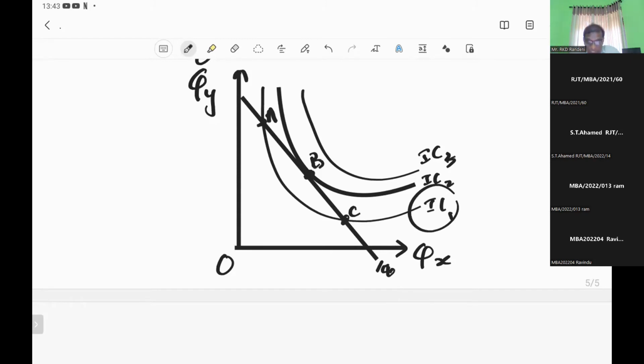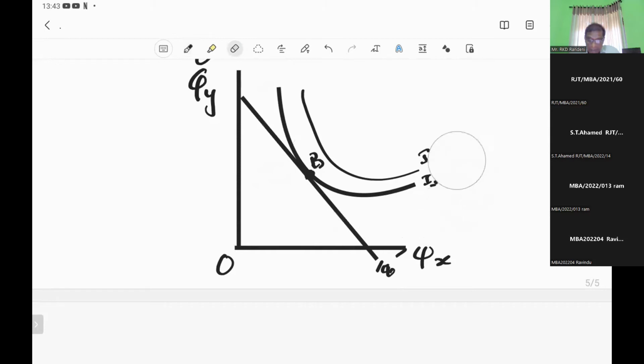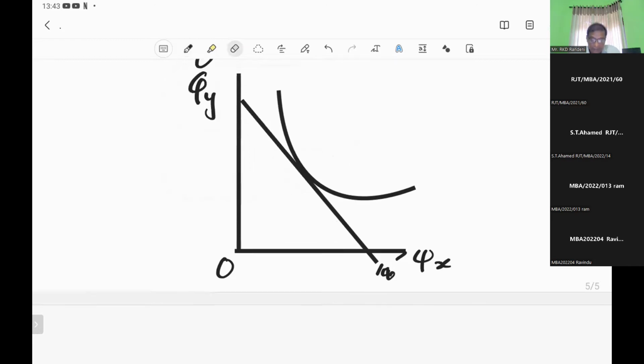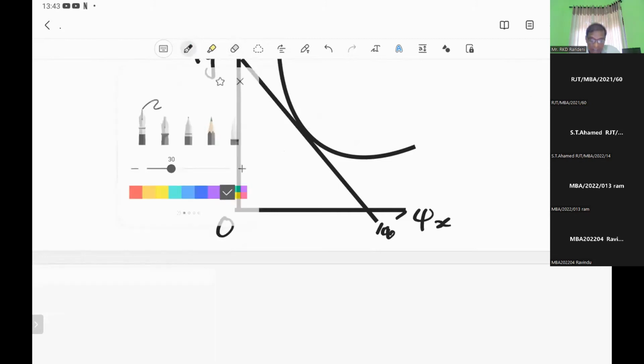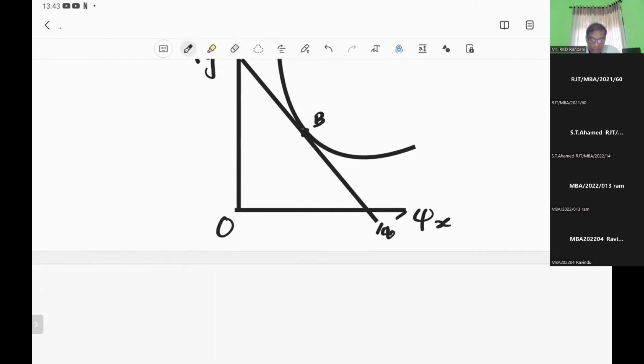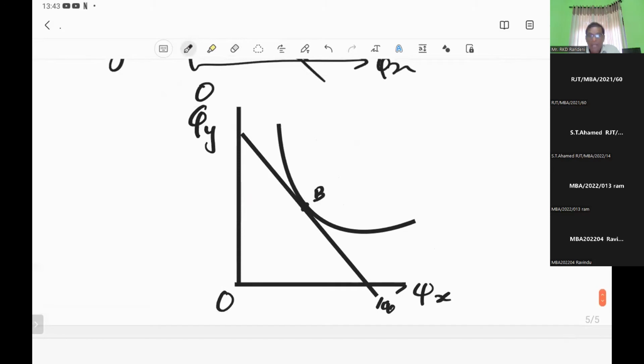Definitely the consumer equilibrium is at point B, right? Then we will remove these things. Point B, right? Yes, point B.